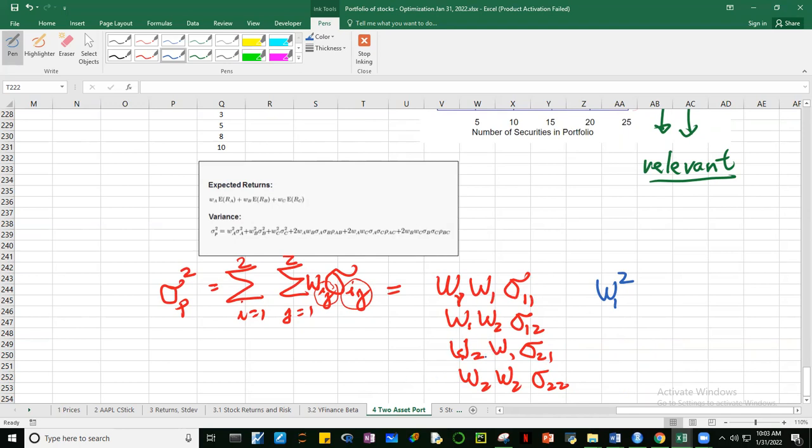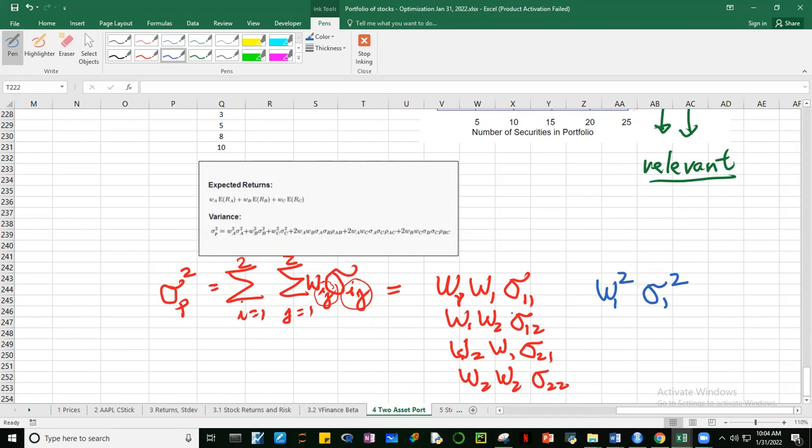Anyone? What is the covariance of asset 1 with itself? What do you recall from your stat? The covariance of an asset with itself is what? Is the variance. Di ba? It's the variance of asset 1. Kasi you're co-varying 1 with 1. They're the same asset.